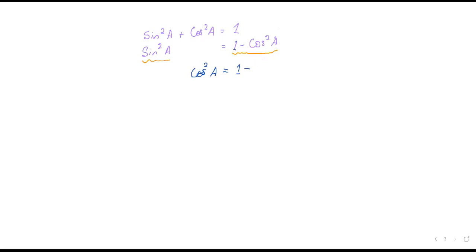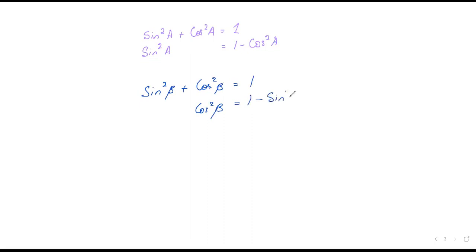Let me rewrite that in a better way. Our original is sine squared beta plus cos squared beta is equal to 1. Now cos squared beta will equal 1 minus the sine squared beta.